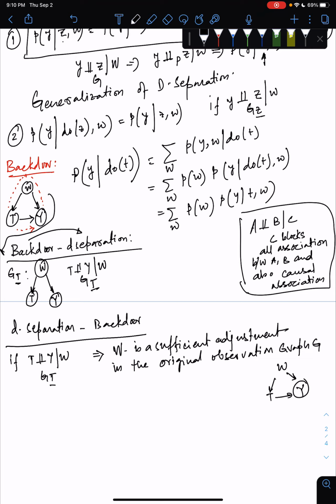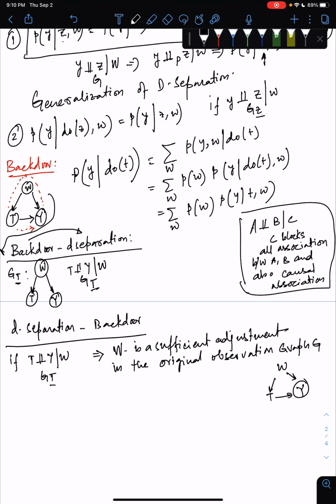We all know that generally this graph is called the observational graph and this graph is called the manipulated graph. Our main aim is to find the causal effect, the probability of Y given do T. So we are interested in this graph, not in this particular graph.